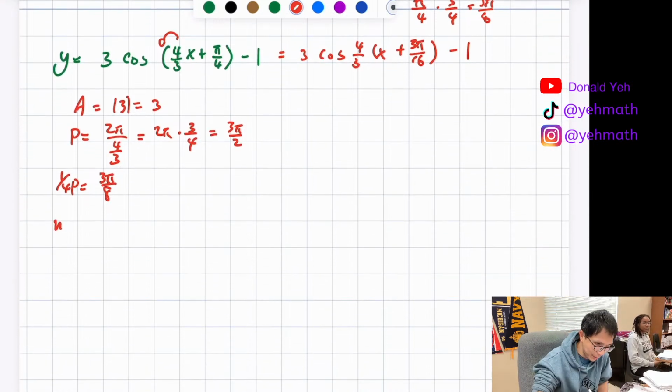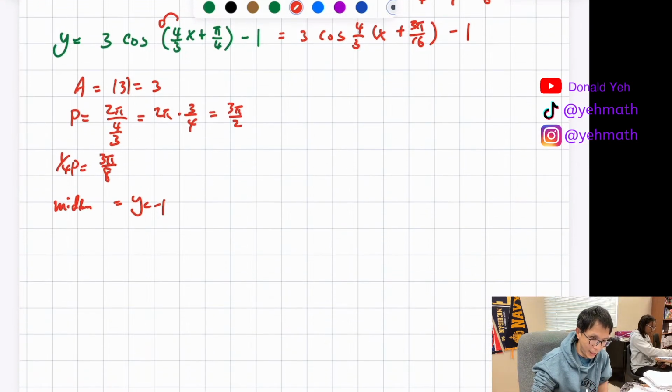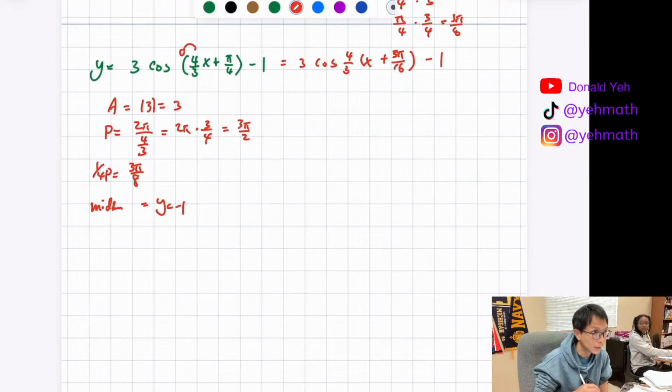Midline, what is my midline? -1. y is equal to -1. I will always graph the midline first. I'll graph the -1. Now the next thing is here. I'm gonna say shift. Shift is right or left?